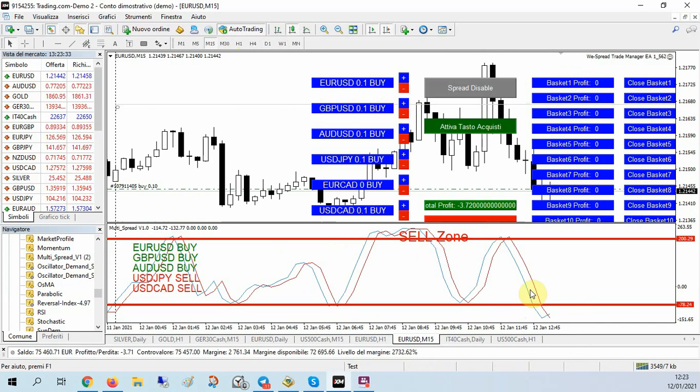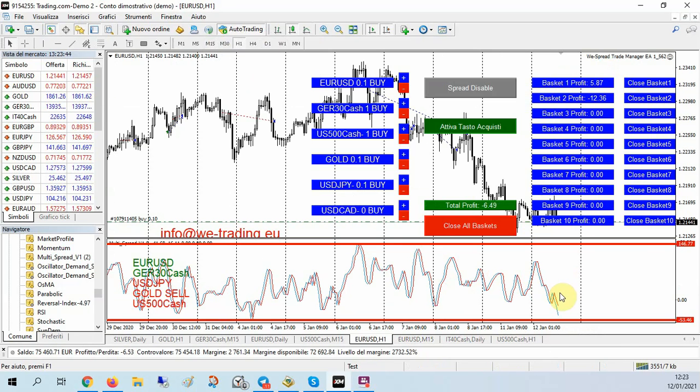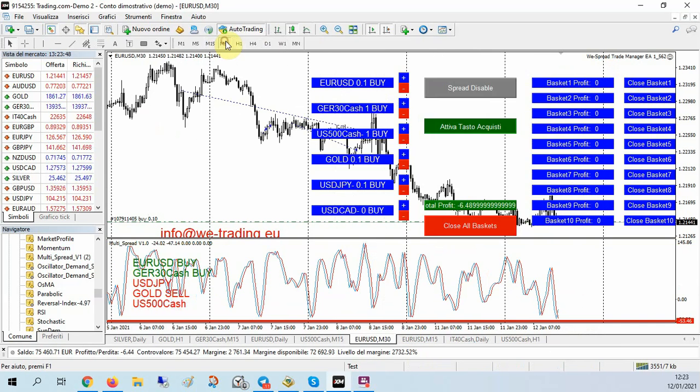So this is a very strange operation, but as you can see, it's in profit too, and it's not difficult to stay at market with this instrument. It's a very powerful instrument. I let you use it to understand better how to work.